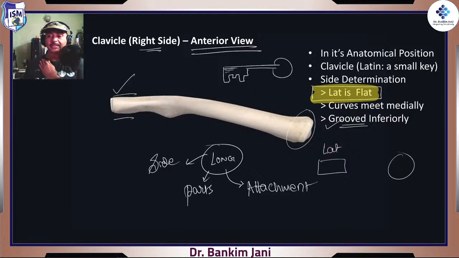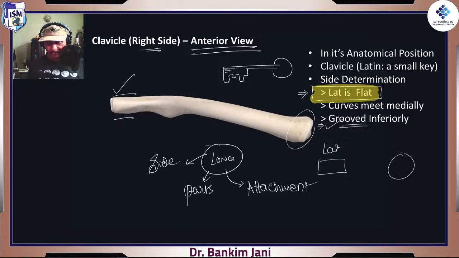Obviously, when we feel our clavicle, the superior surface is what we feel, and that is quite smooth. But it is the inferior surface where there will be some muscle attachments. Which muscles? Don't worry, we'll see. But if you can figure out what is above, what is below, and what is right and what is left, then it is easy. Simply by these two points, you can very well say whether this particular bone is left or right.